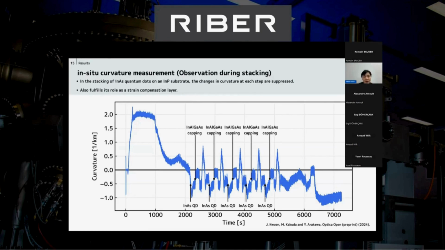However, when we grow the low indium composition indium aluminum gallium arsenide capping layer, it increased like this. By using this method, it also fulfills its role as a strain compensation layer.